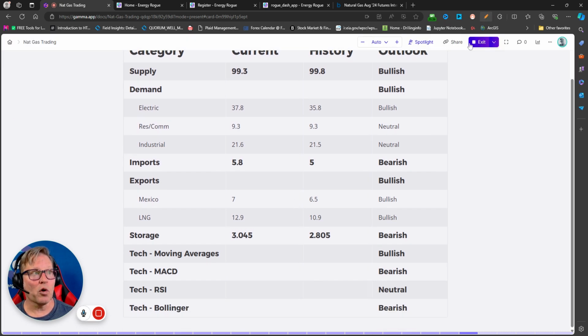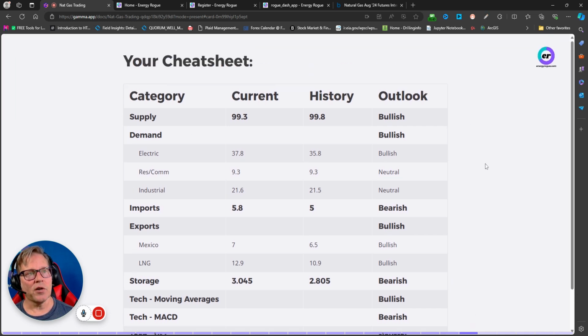But if you go through this, you're going to be able to forecast and generate directions on supply or demand or imports or exports and the technicals. If you put this all together, you're not going to be surprised by the market anymore.